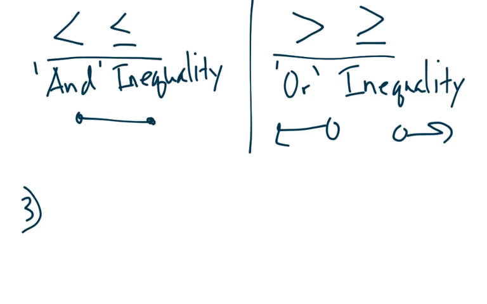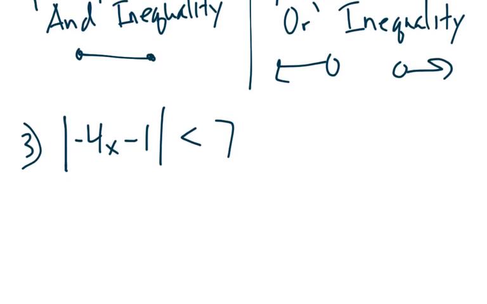Let's say we had something like the absolute value of negative 4x minus 1 is less than positive 2. Actually, let's make that a slightly bigger number. Let's go 7.